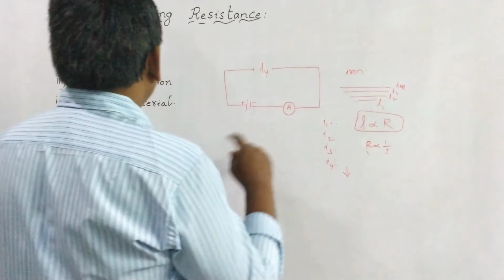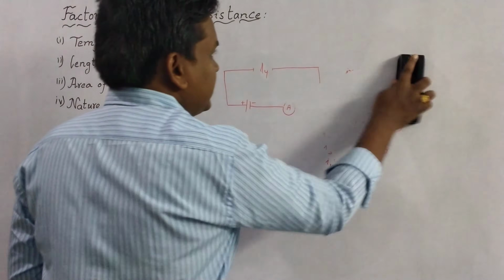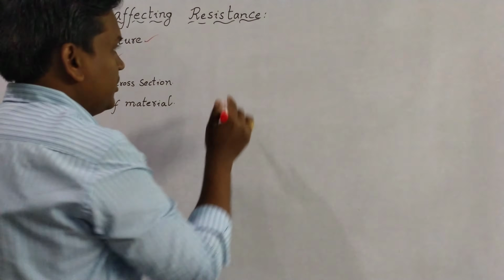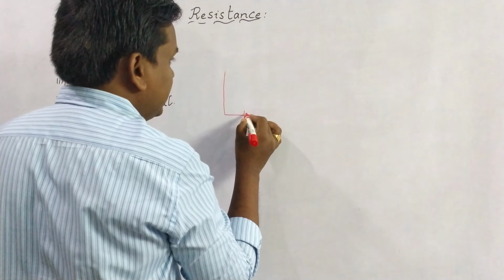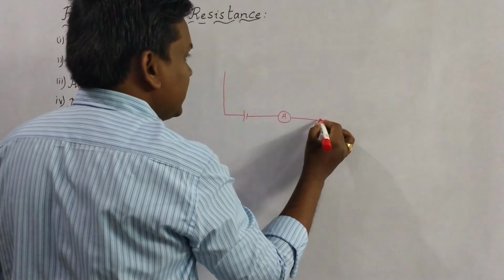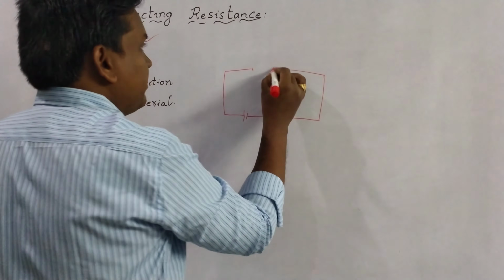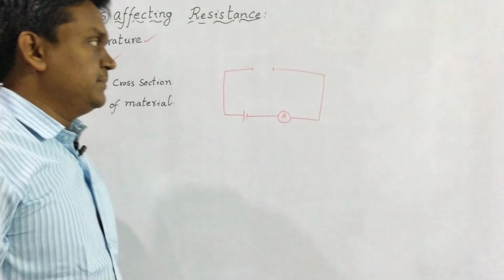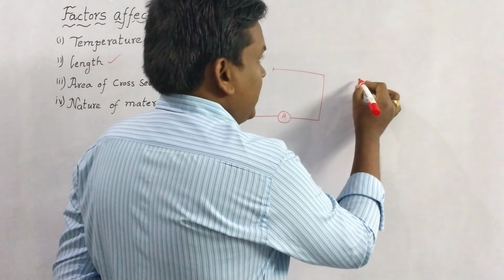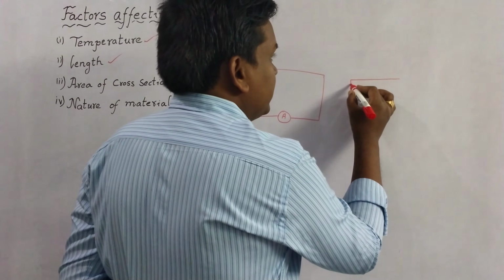And now coming to the area of cross section. For this again we will consider a circuit, and this is the circuit for area of cross section. Again we will consider a cell here and an ammeter is taken here which shows the reading of current, and again we will leave some gap here, and in this gap we will take 4 materials of the same length, but here the area of cross section is different.